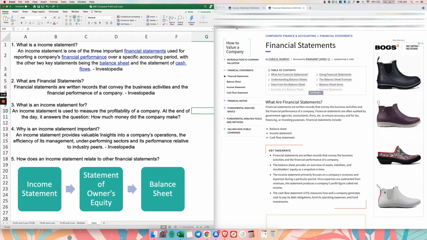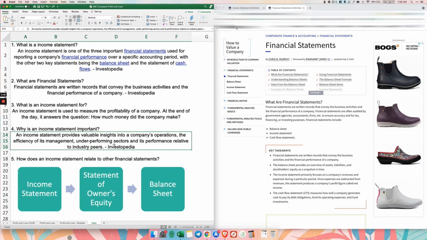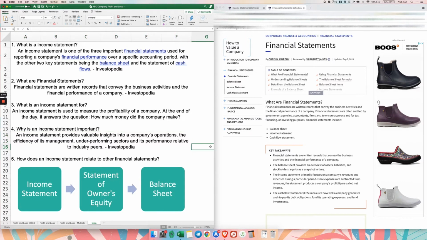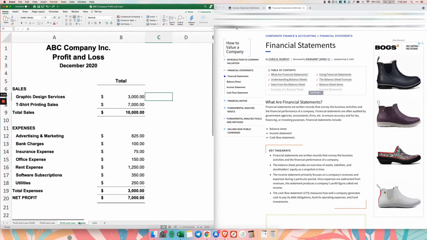And why is an income statement important? An income statement provides valuable insights into a company's operations, the efficiency of its management, underperforming sectors, and its performance relative to industry peers. Let's focus on underperforming sectors and industry peers. I'm going to show you an example of what underperforming sectors means.